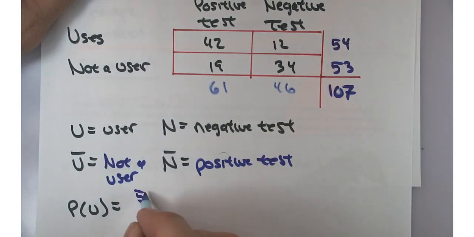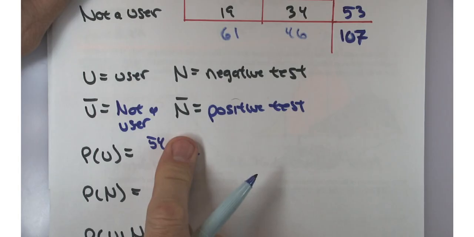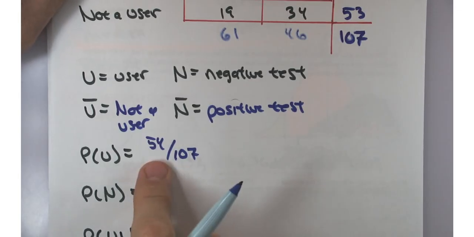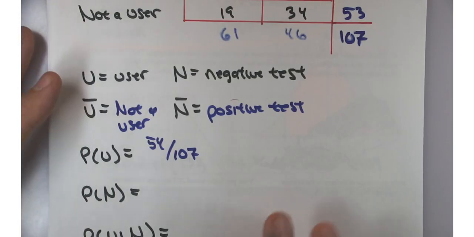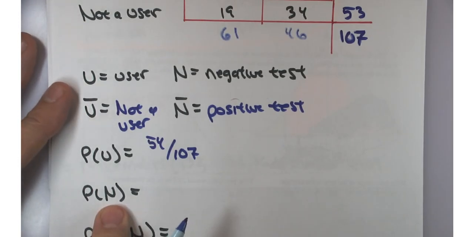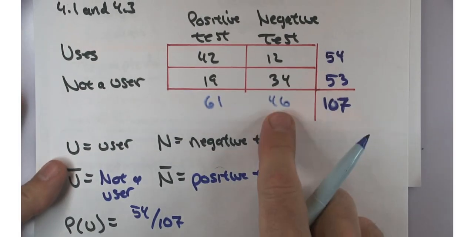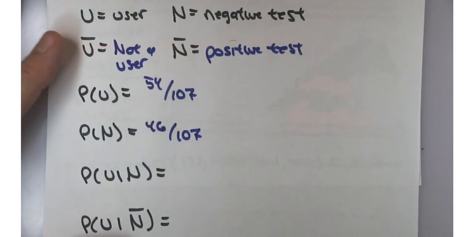Now one thing that will get you an easy 0 points is if you forget the denominator. If you just give me 54, that's clearly wrong. Probabilities have to be between what two numbers? 0 and 1, absolutely. So if you come up with something outside of that, there's something wrong, go back and fix it. How about the probability of somebody testing negative? 46 divided by 107. Yeah, 46 over 107. Thanks, Matilda.